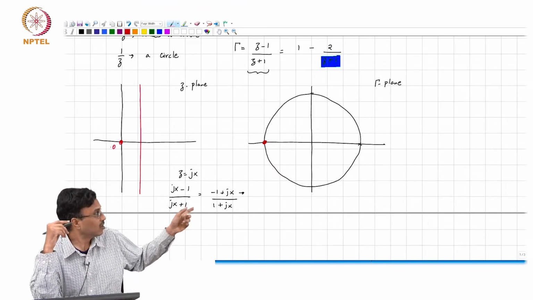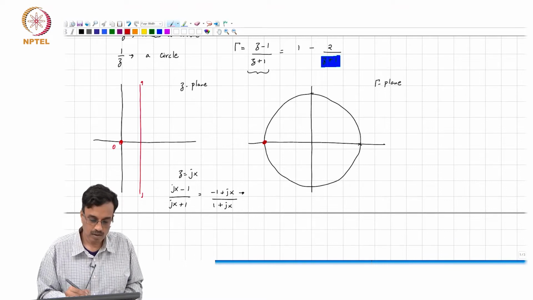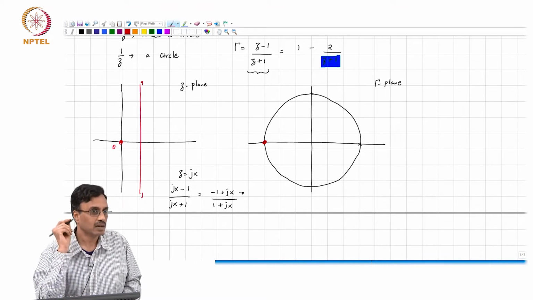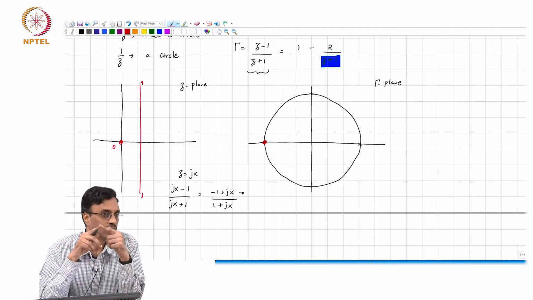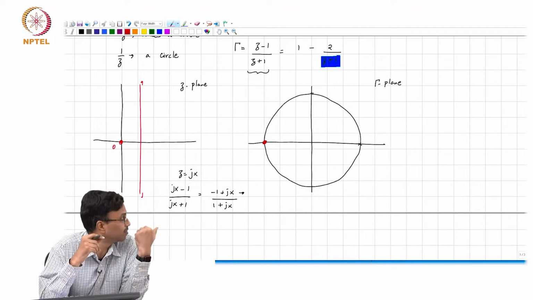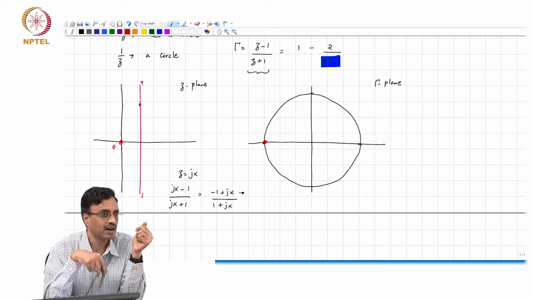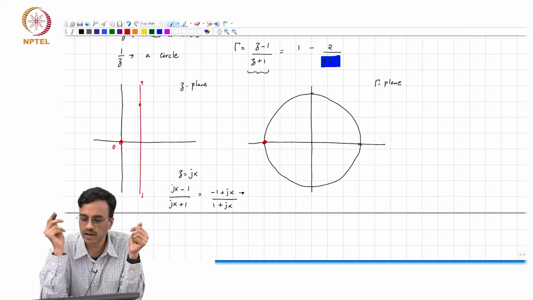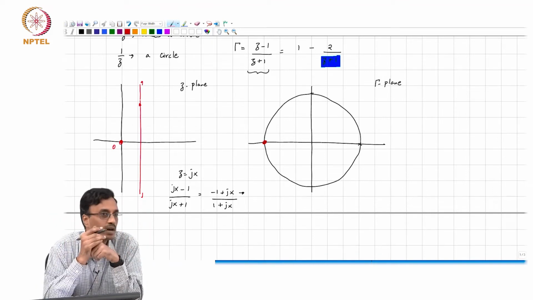It should touch, okay, as you go to plus infinity in this direction, what happens? In either direction, what should happen eventually? If you go along this line where you have a positive real part and an imaginary part which goes to plus infinity or minus infinity, what would you expect to see for the reflection coefficient?